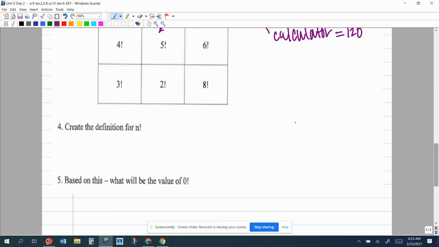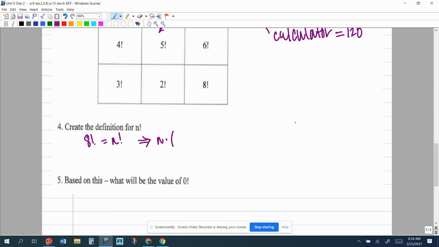If my initial number is n, say I'm looking at just 8 factorial, which is equivalent to n factorial. When we go and demonstrate or figure out a pattern or a way to define n factorial, we're really starting with the largest number, n. And then we're going to multiply it by the next number that's consecutively below 8.